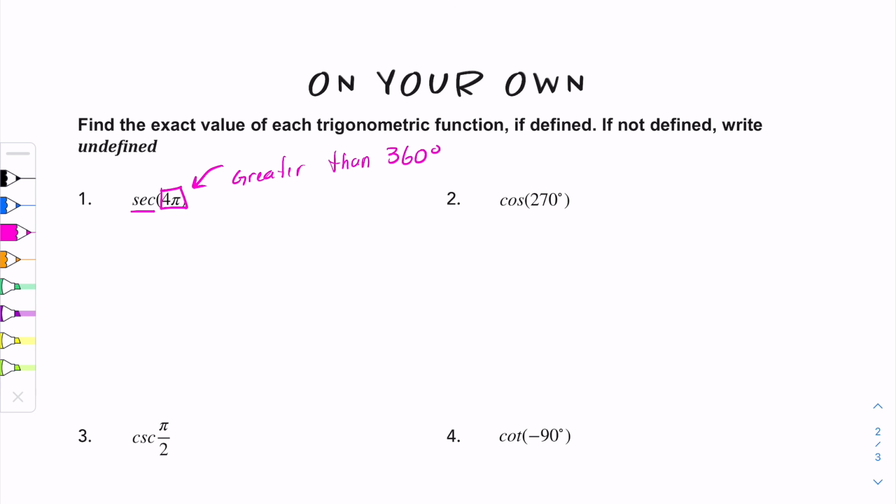So instead of finding sine, cosine, tangent, cosecant, secant, and cotangent, I am only asking you to find the secant on number one. Number two, you're only asked to find cosine. Number three, cosecant. Number four, cotangent. So you're finding 4 trig values for 4 different quadrantal angles.